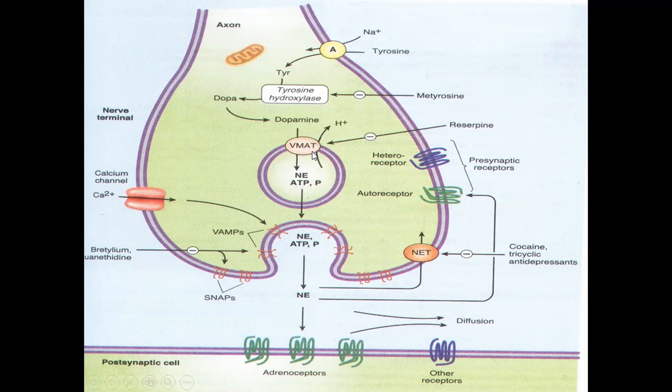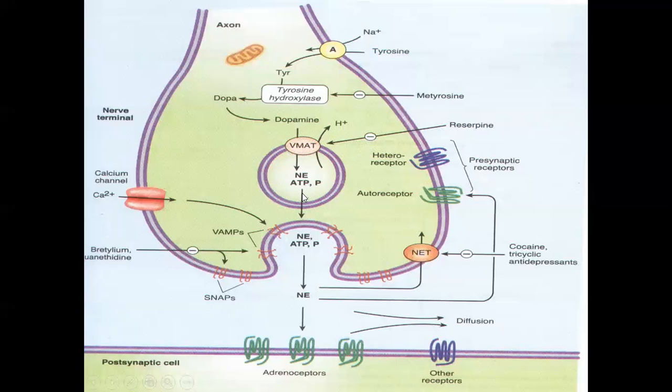The same carrier transports norepinephrine. This is the same carrier, and it can transport norepinephrine and several other amines into these granules. So here, this is the granule, and within this granule, several other neurotransmitters can be transported with the help of VMAT, and reserpine can block this transport by blocking VMAT.